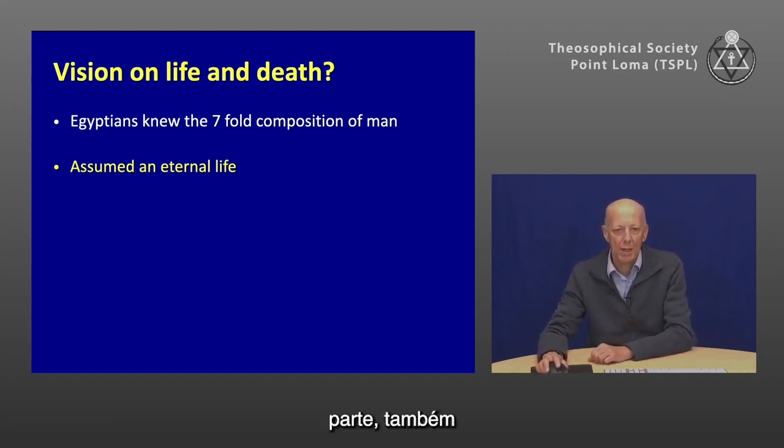Partly, these mummification practices were also ancient practices which once took place in ancient Atlantis according to Theosophy. But the esoteric origin of this Egyptian idea was an initiation story.